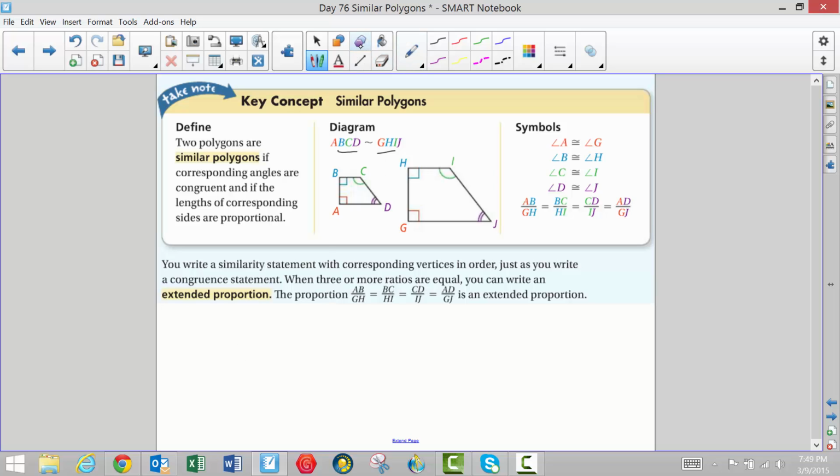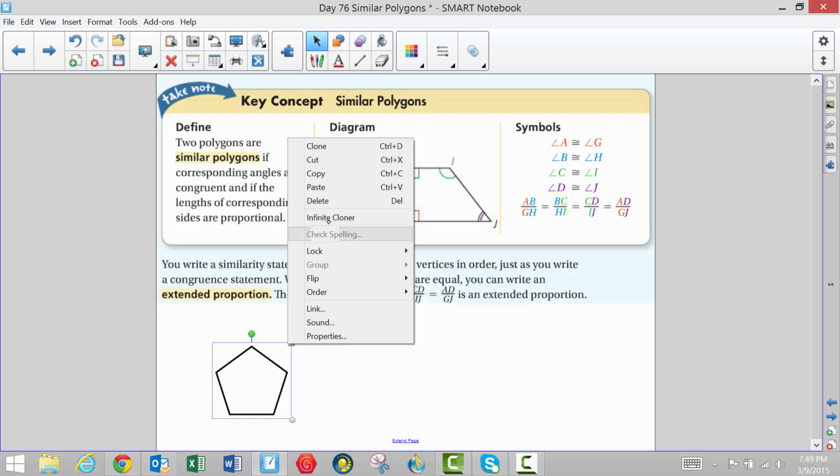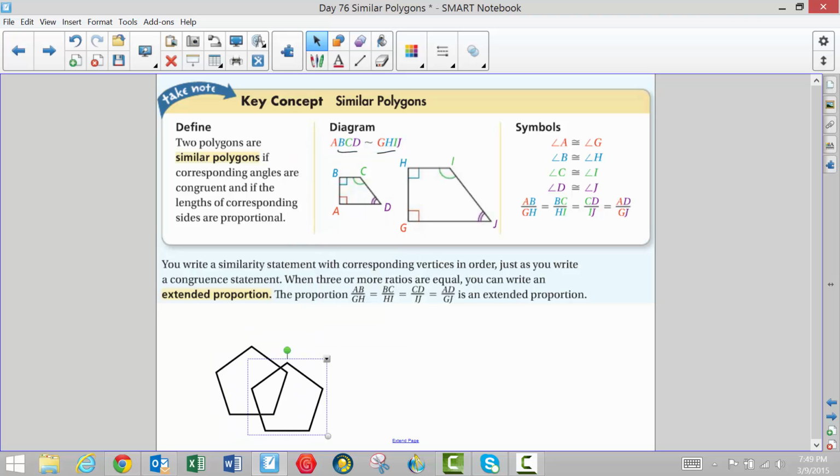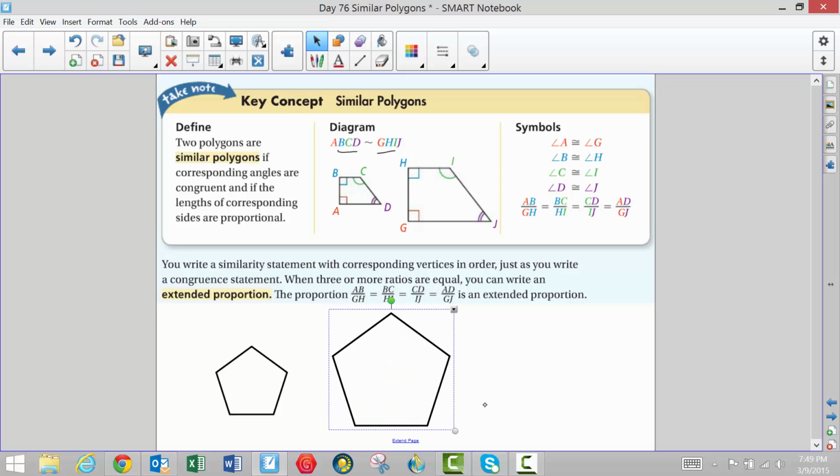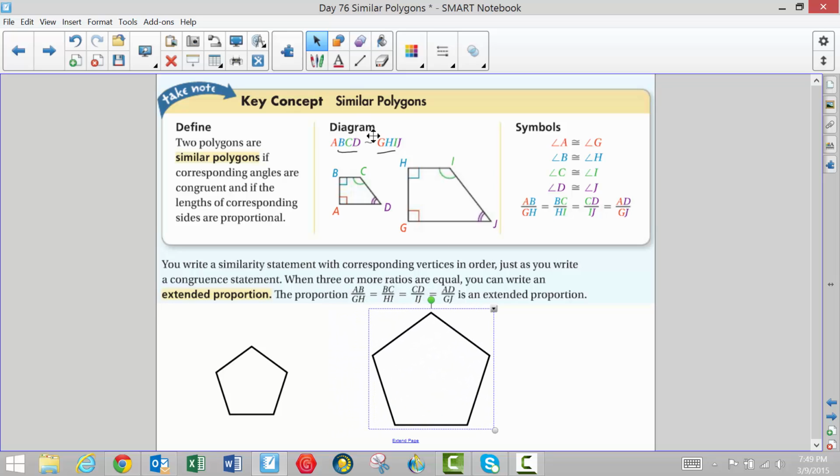So I can do another example here. I have a pentagon, and I will make it bigger and smaller. So I can say that these two pentagons are similar, as long as I show that I have corresponding angles congruent, which I'm doing here.